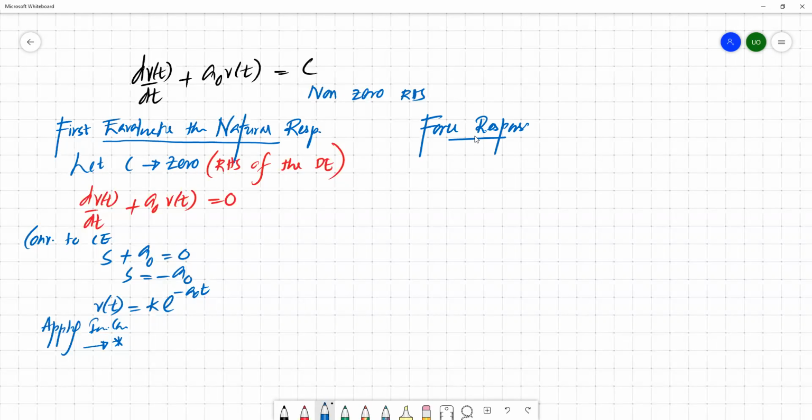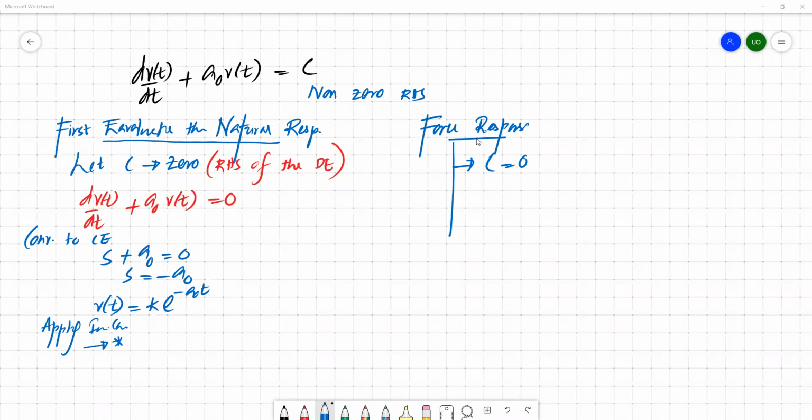Let's assume there may be multiple possibilities now. First is C equals 0. No, not short circuit. Actually, we can identify different cases.